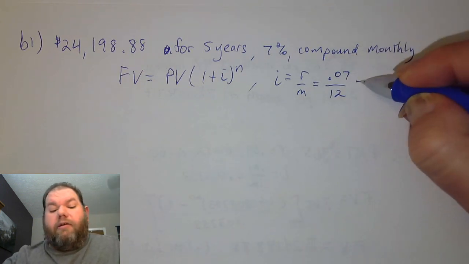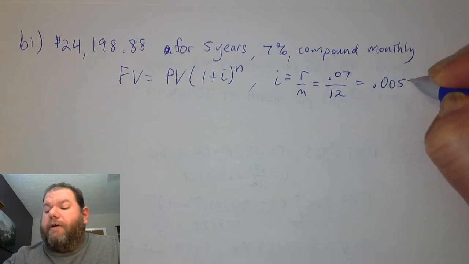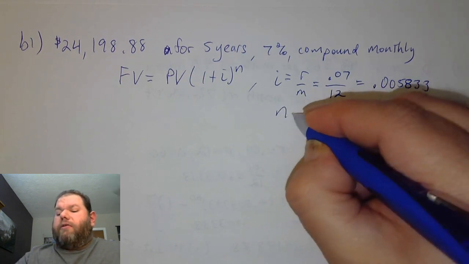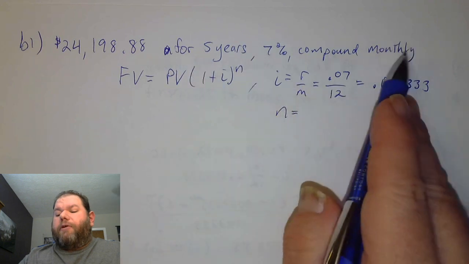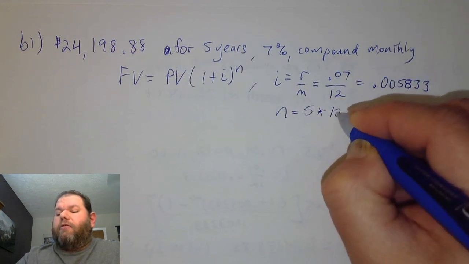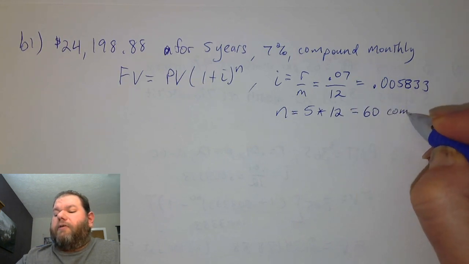So that'll be 0.005833. Okay, and then N, again, 5 years compounded monthly, so 60 compoundings.